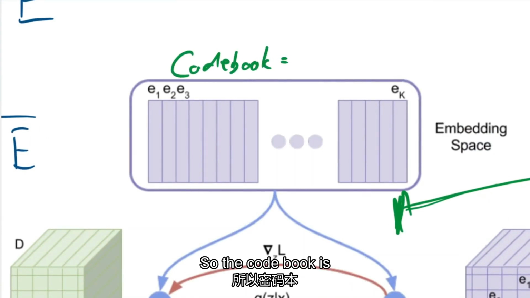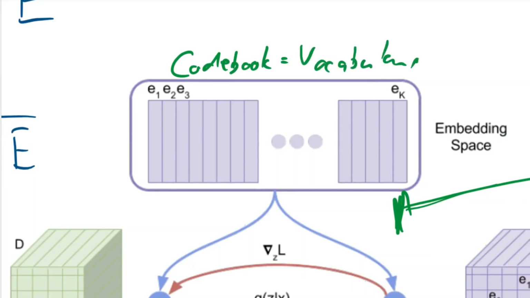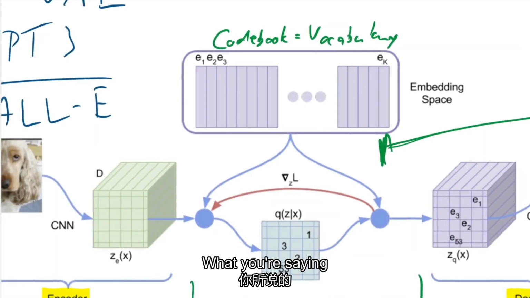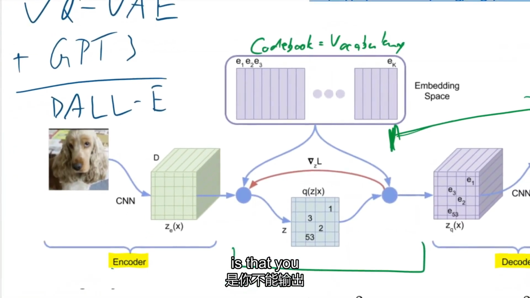So the codebook is also the vocabulary. What you're saying is that you can't just output any latent encoding. The encoder outputs a continuous vector, but what you're saying is it has to be one of those.